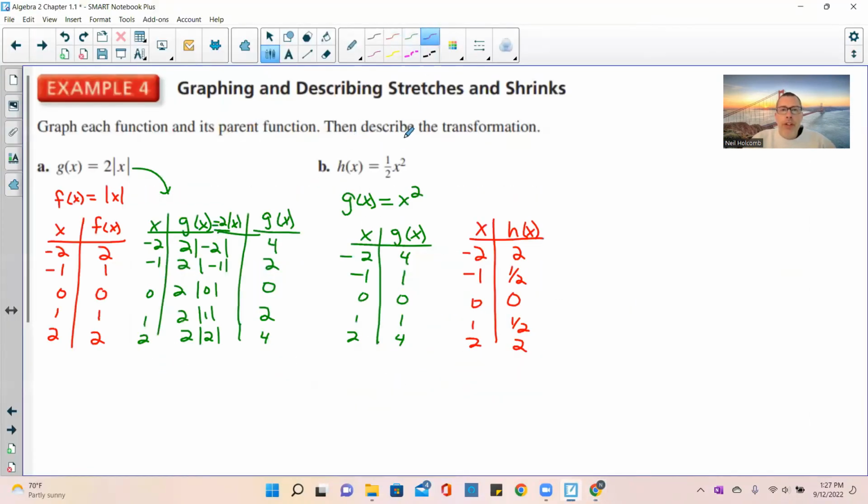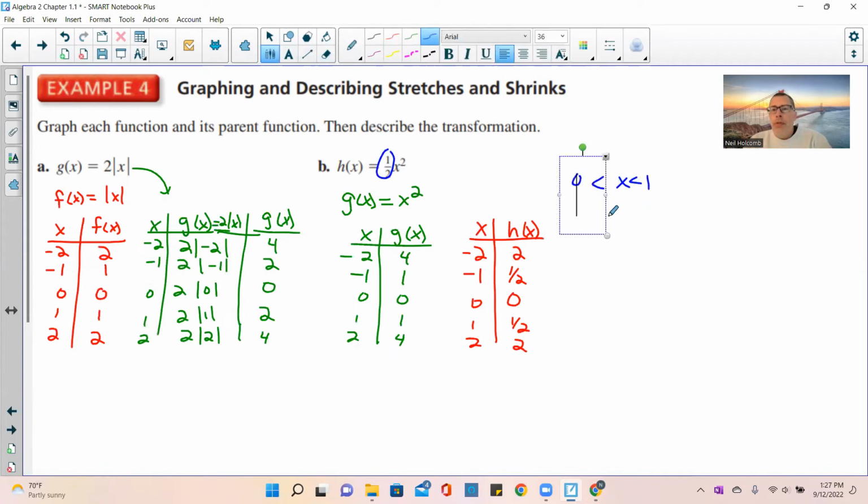So to recap that, when the leading coefficient in front of our function is between, not equal, 1 wouldn't change it, between 0 and 1, the value in front of the variable, the coefficient, it's a shrink.